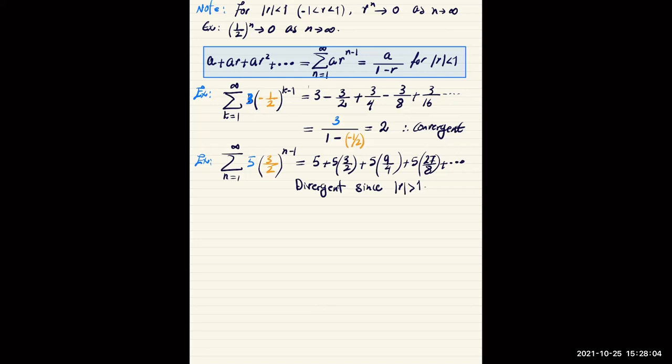All right. So geometric series have a lot of applications, as I said. Finance, physics, economics, gambling, probability.